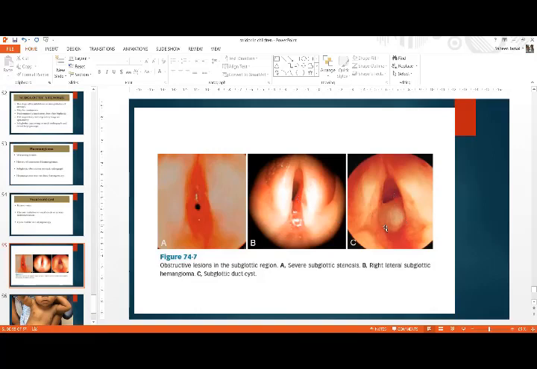In the third picture, you can see a subglottic cyst. This is a cyst present in the subglottic region. Again, it is occluding and obstructing the lumen, obstructing the passage of air through the airways, and as a result, there is increased resistance to airflow. This leads to production of a very harsh, high-pitched sound that is called stridor.